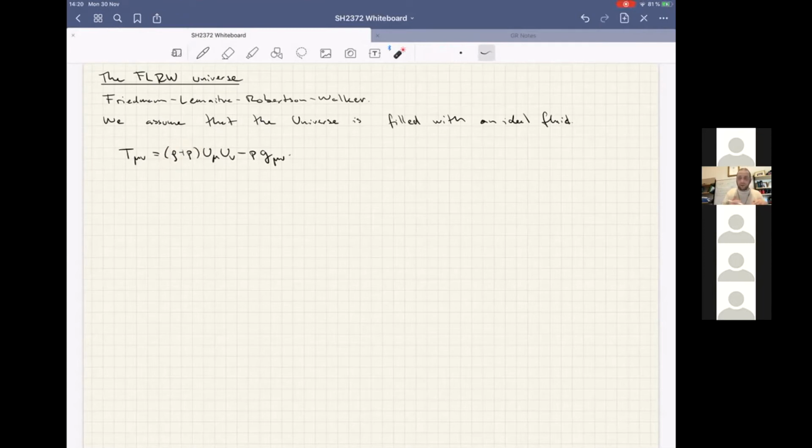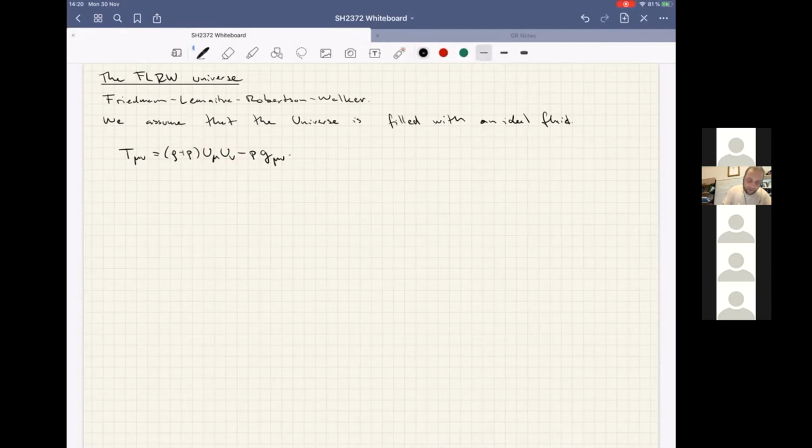So rho and p can only be functions of time. U here must be the four velocity of a co-moving observer, because if it's not, then we have also broken isotropy. Then we would have a preferred direction, which would be the direction that this fluid moves in. And we can't have that.